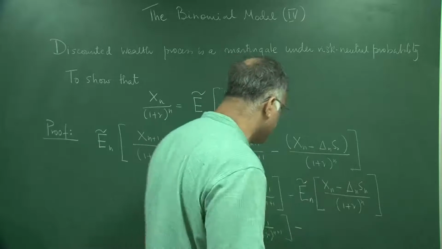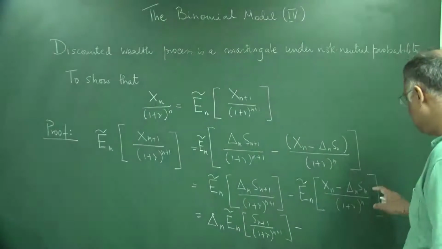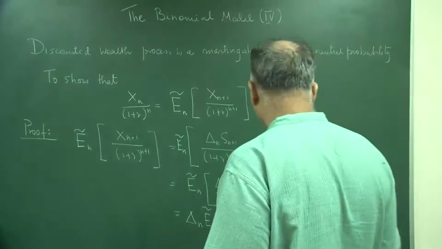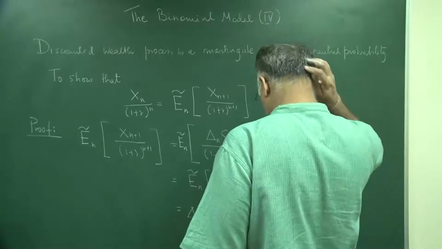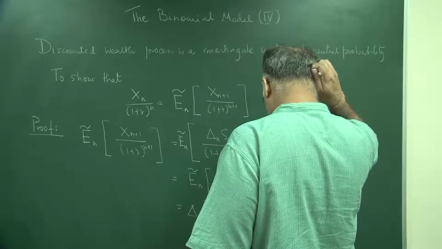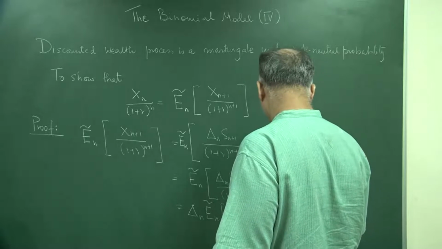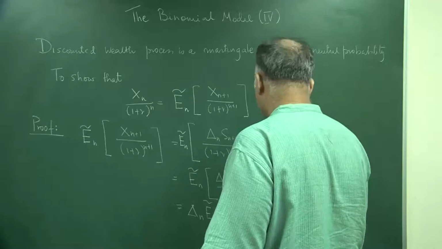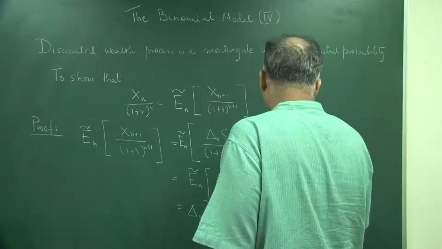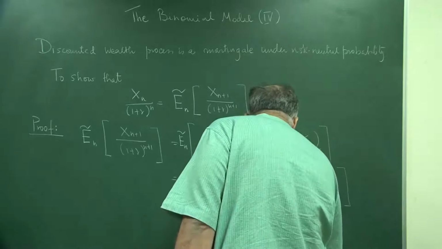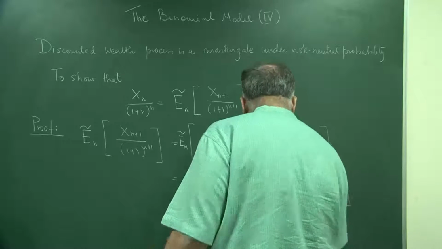Here also it is like taking out what is known, this into the variable 1, a constant random variable, which will give you 1. This is at n, this is now constant basically, and this is completely known. So, the expectation of that constant is the same as taking out what is known.